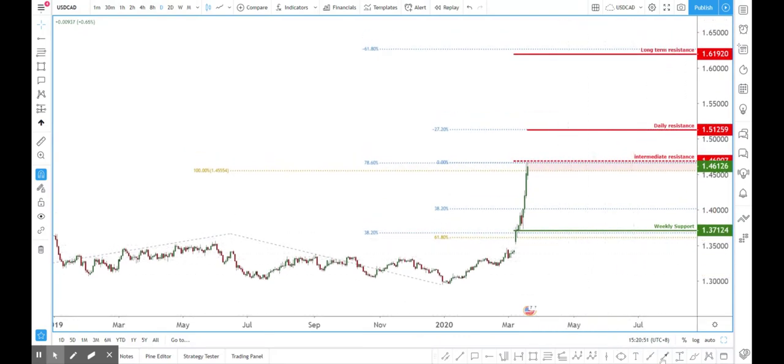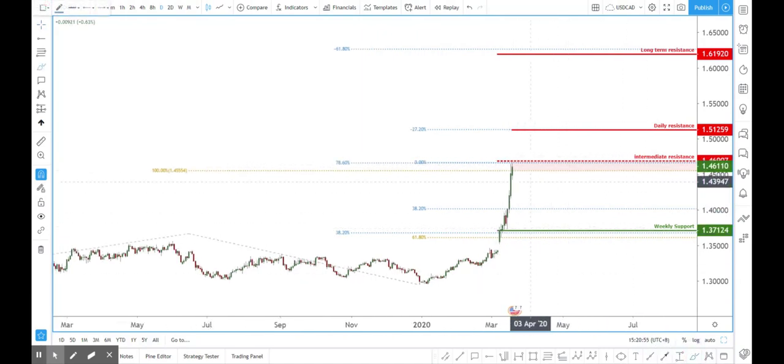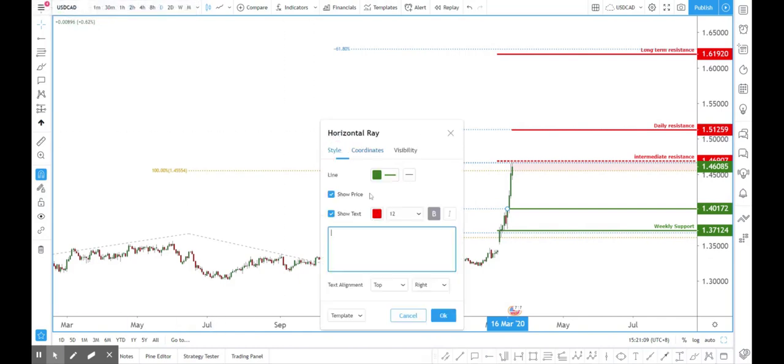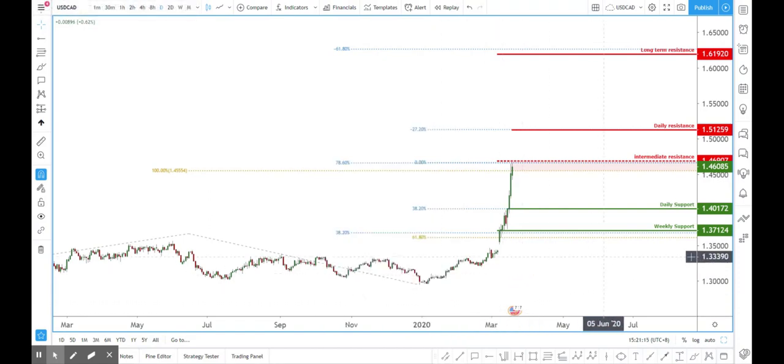And now the view that I have for dollar CAD going forward is, since price is currently in a strong resistance area, I expect price to push down towards this level. Sorry, let me add that level in there. This is what I expect price to do.